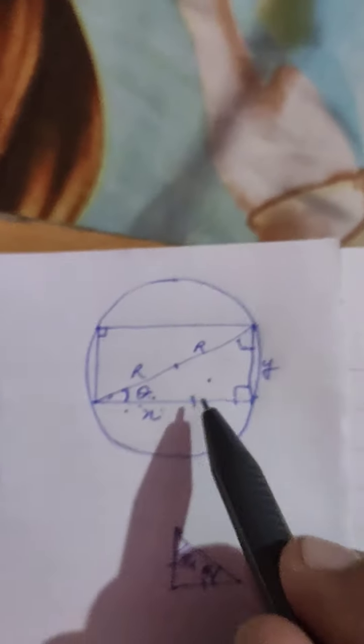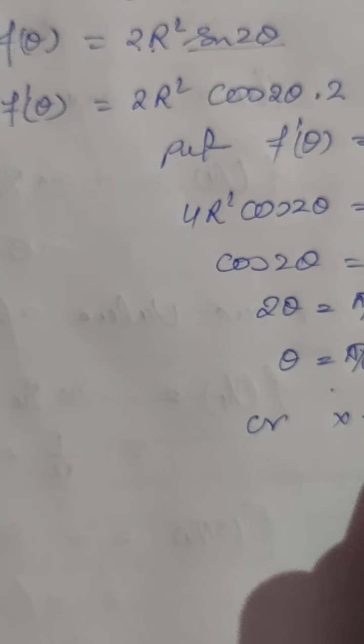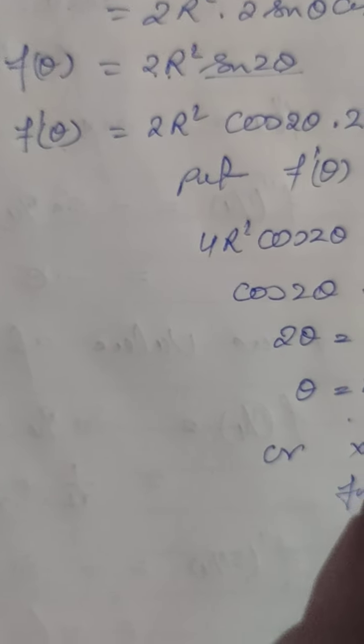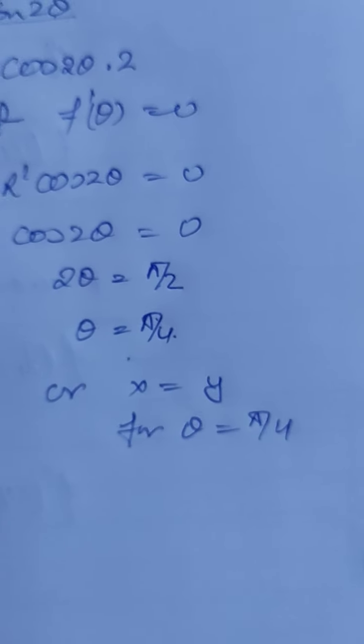It means these two sides will be equal, or I can say x will be equal to y for theta equals pi by 4. That means the rectangle becomes a square.